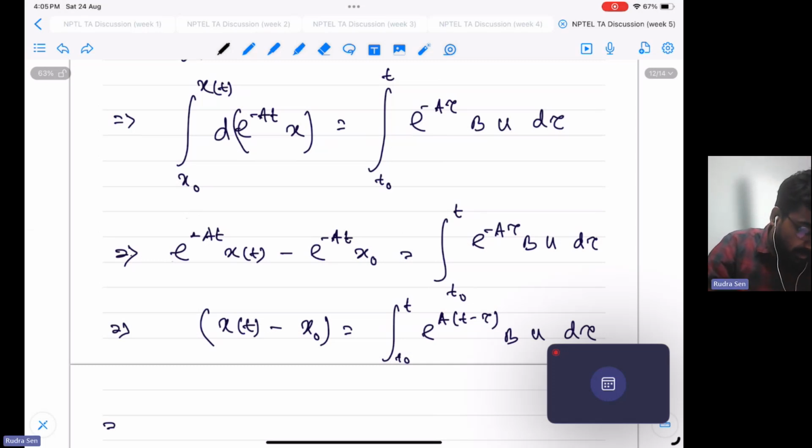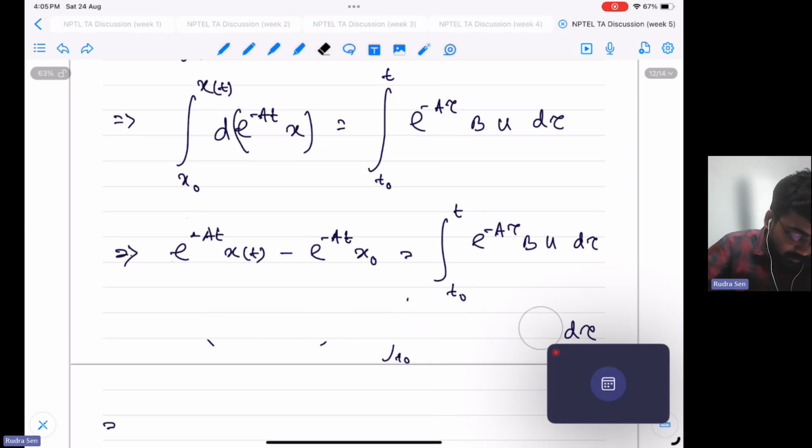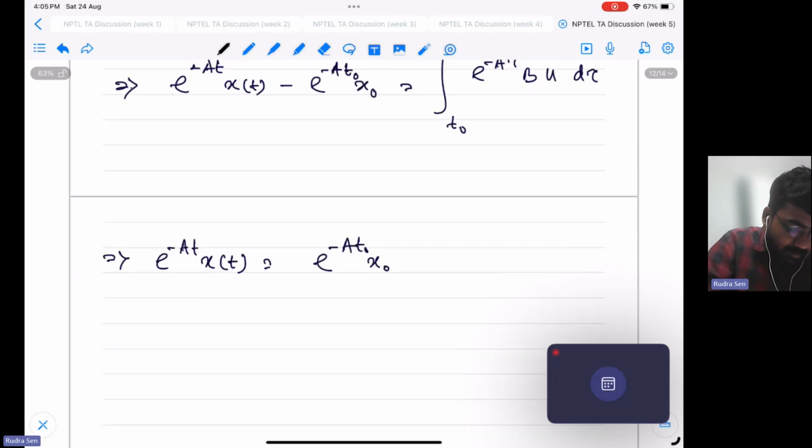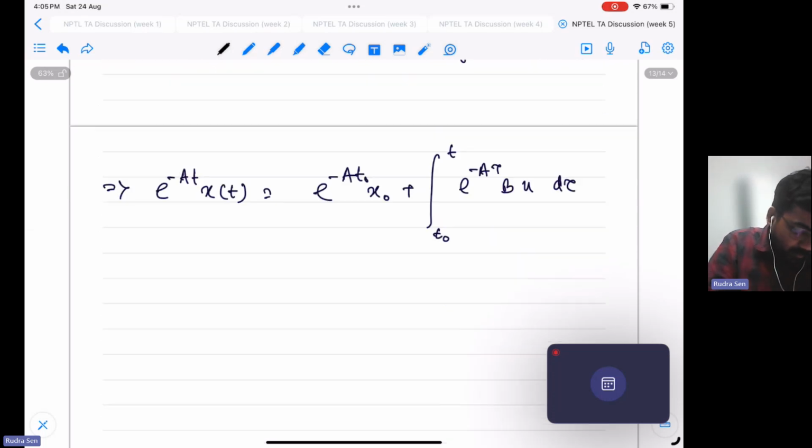So yeah, the mistake is, this should be At0. And this should be e to the power minus At x of t equals e to the power minus At0 x0 plus the integral from t0 to t of e to the power minus A tau Bu d tau.